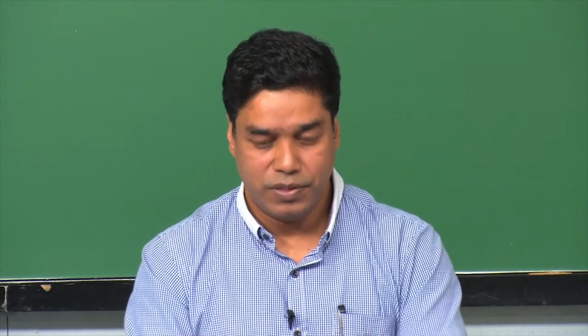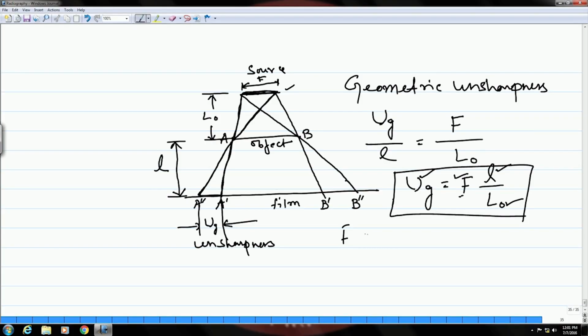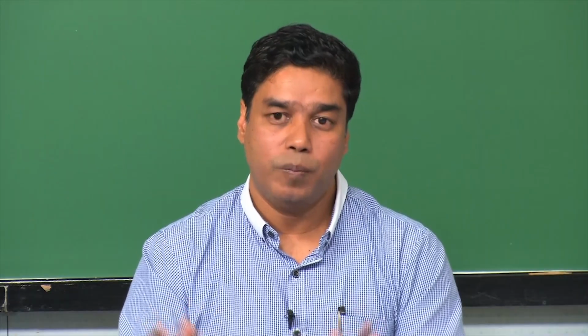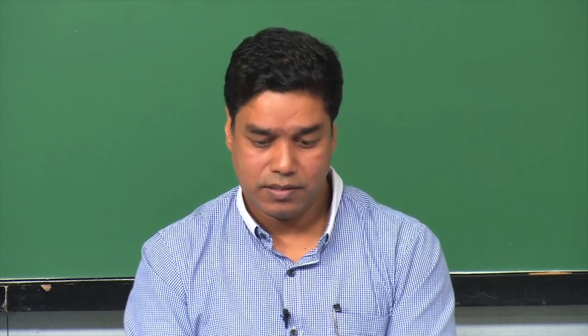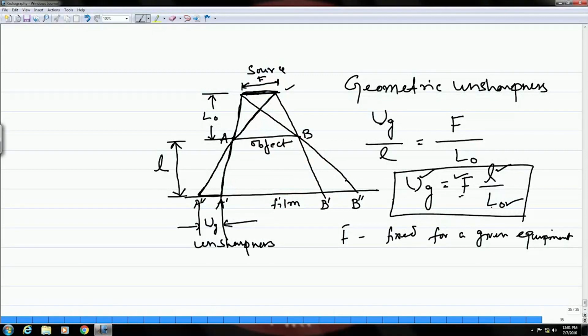So, that means for a given machine your f is fixed, for a given source and a given equipment. So, that means the other 2 parameters that you have to play around are these 2 distances l and L naught. Okay. So, if you maximize L naught, that is the distance between the source and the object, then your UG will be minimized.